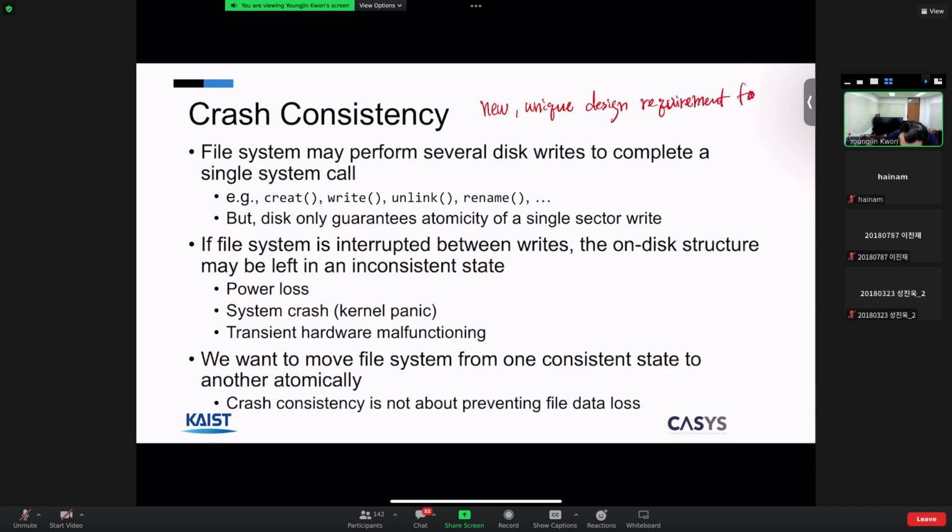A file system may perform several disk writes to complete a single system call. Recall, several disk writes. Why does this slide say several? For example, what are examples?